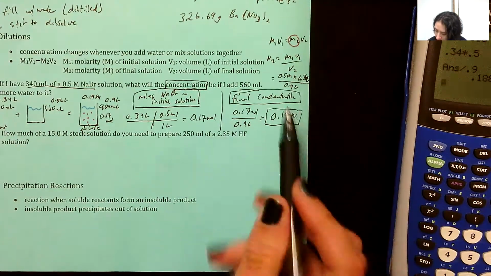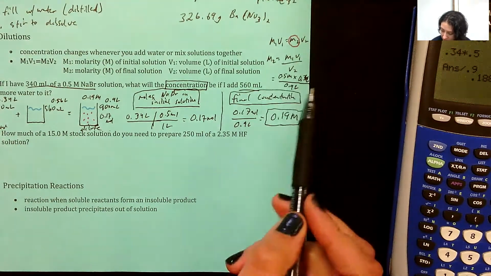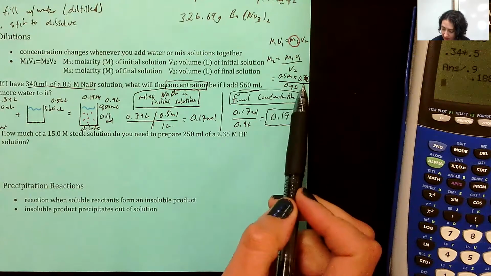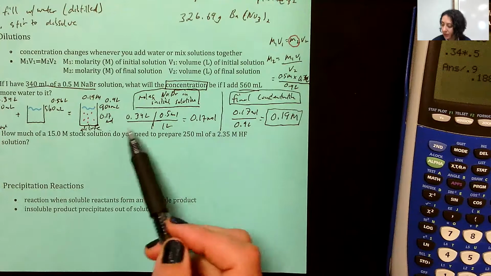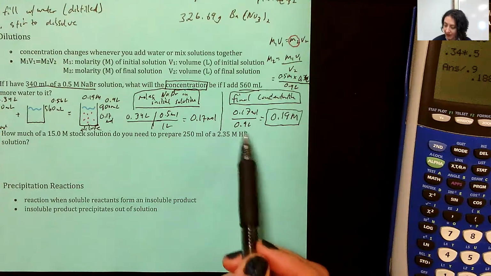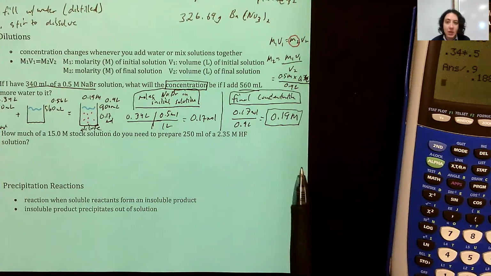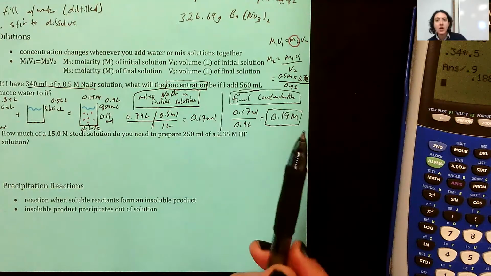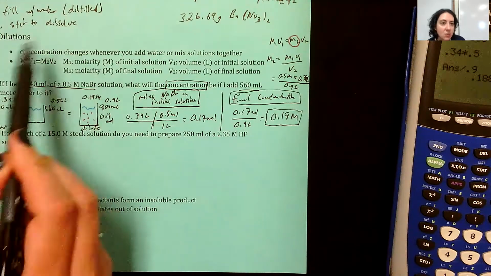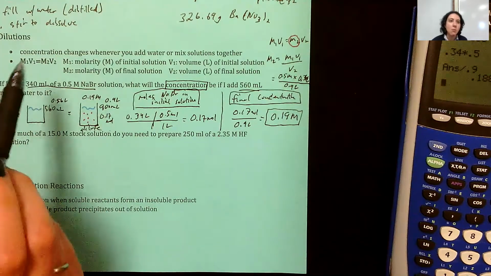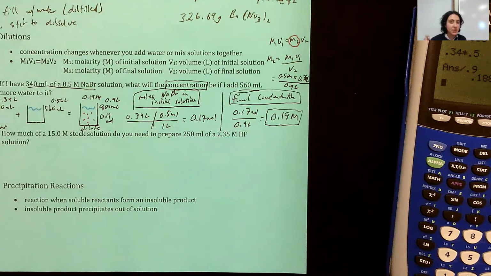Okay, so you're going to see that what we end up doing to solve it this way is multiplying 0.5 times 0.34 and dividing it by 0.9, which is the exact same math that we did here. Same math, just a little bit different. So you can use either one of these methods. To use this one, you still have to understand what each of these means and be able to identify it correctly, or it won't work.